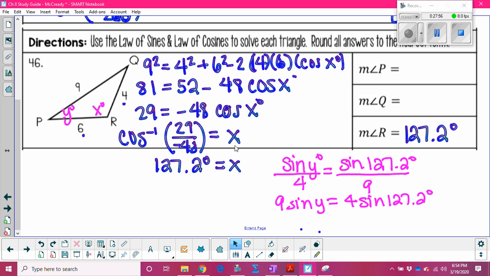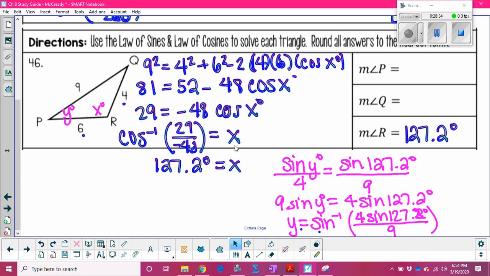Because I'm finding an angle again, I know I'm going to do the inverse of sine. So y equals, I also have to divide both sides by 9, the inverse of sine of 4 times sine of 127.2 degrees, over 9.